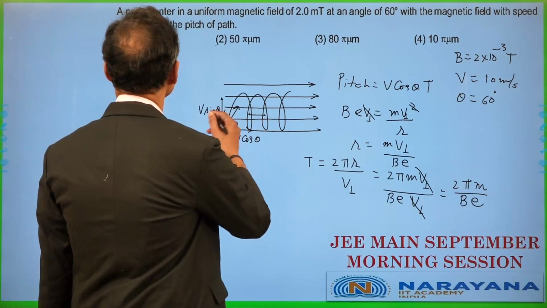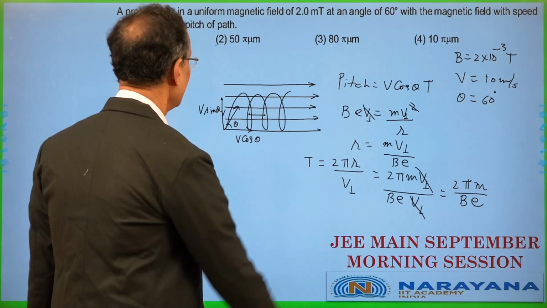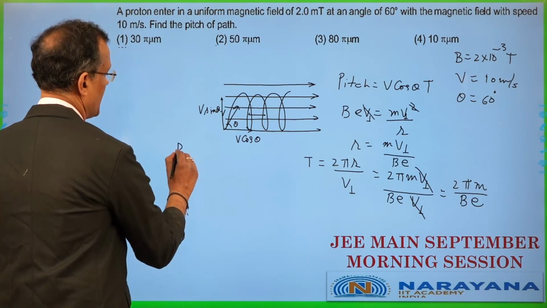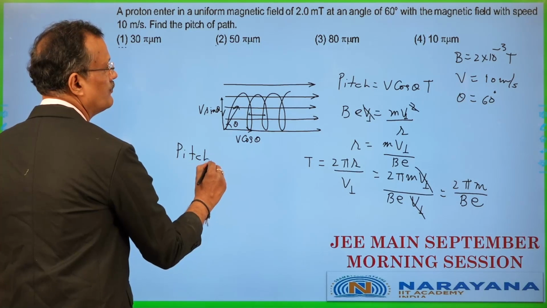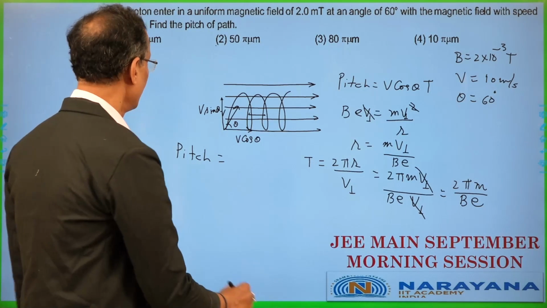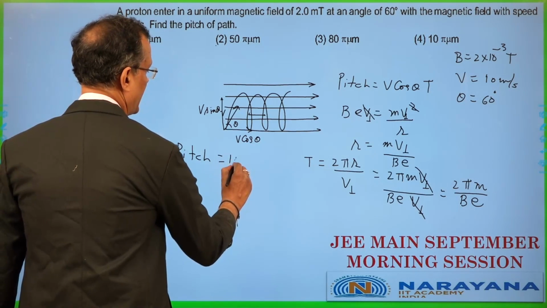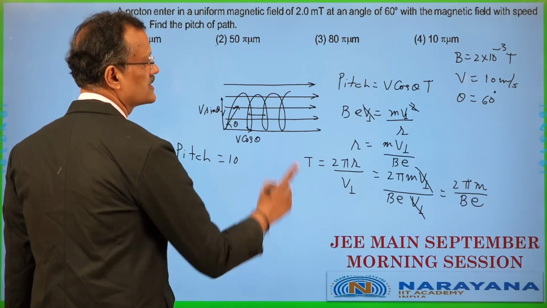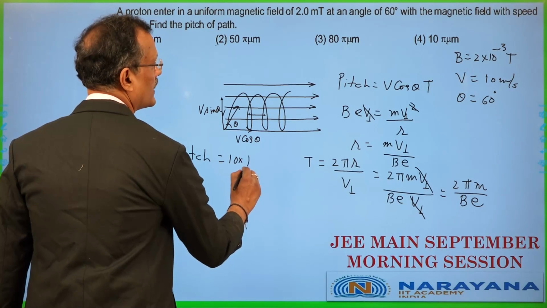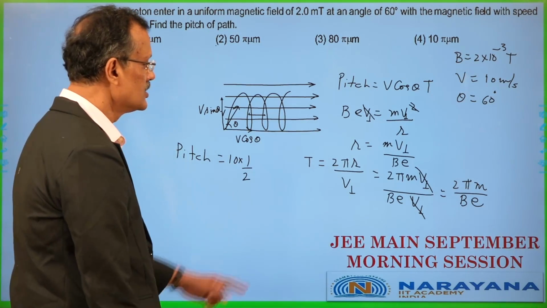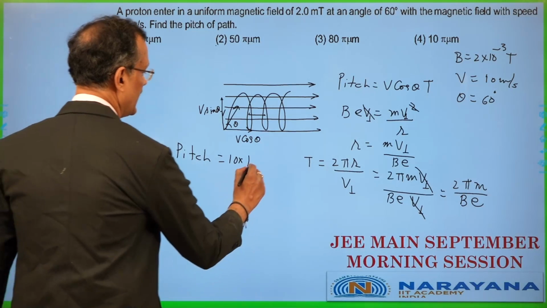So you want the pitch of the path. Your pitch now is V cos theta times T. V is 10 cos 60, times 1 by 2 pi m by BE.